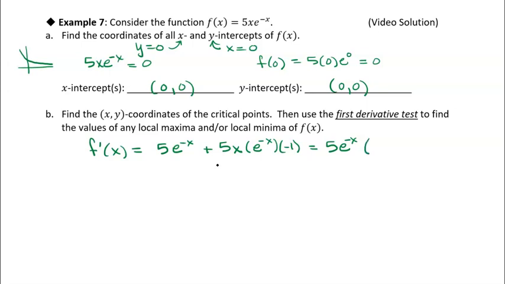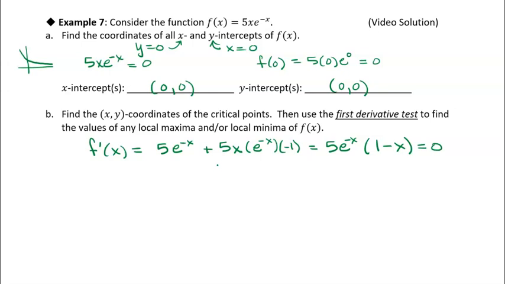If I factor 5 e to the minus x out of 5 e to the minus x, I just get 1. And over here, I'm left with x times a -1, which is just minus x.